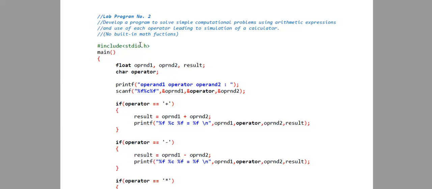So in the C program, what is lab program number 2? It is the simulation of the calculator. In this we have simulated addition, subtraction, multiplication and division. Here we require three inputs: the first operand, the operator, and the second operand.